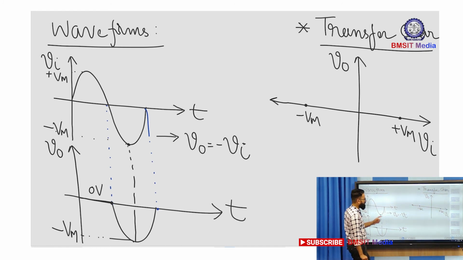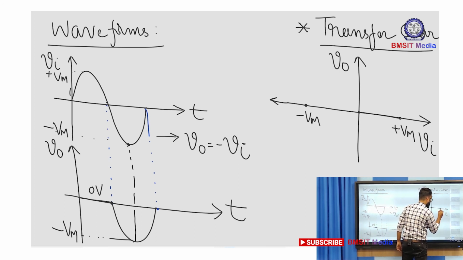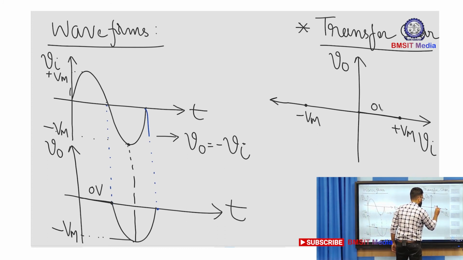So for the positive half cycle of the input, the output is 0. So 0 as in you need to overlap the positive x-axis. Okay, and you can just write 0 volt level here.